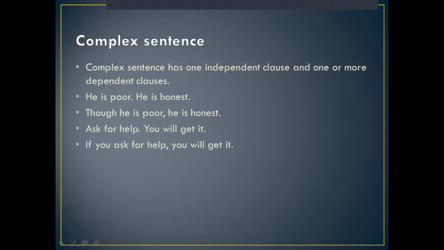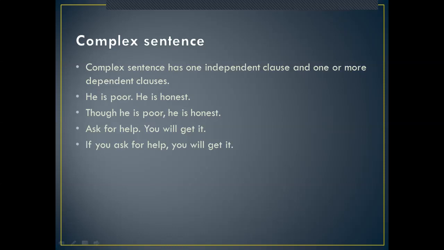When I say though he is poor, he is honest, then only it makes complete sense. So here one dependent clause is there, one independent clause is there. Okay, this is called a complex sentence. Though he is poor, he is honest.